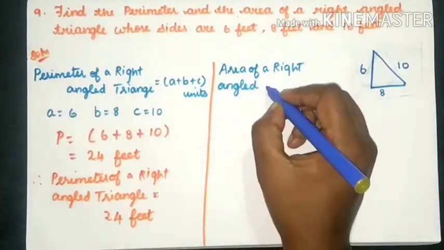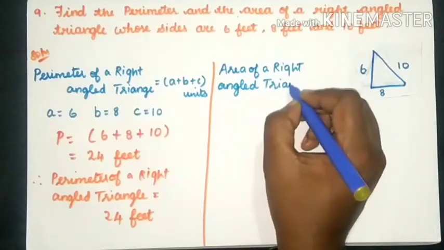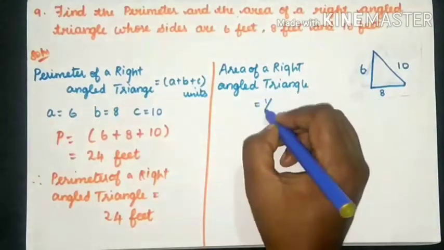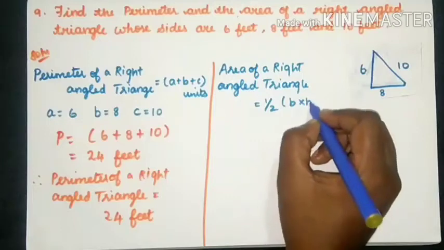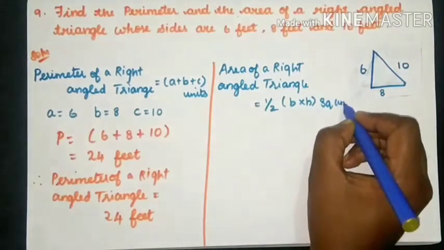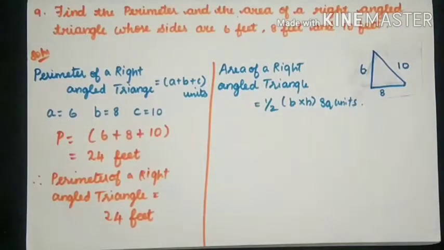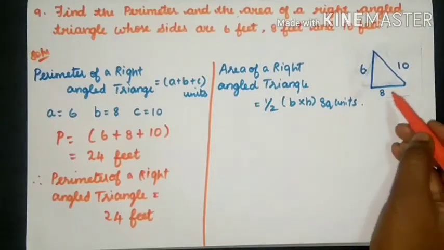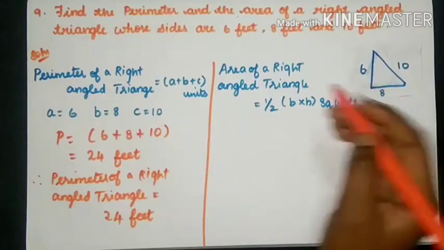And then we are going to find the area of a right-angled triangle. Area of a right-angled triangle is equal to half into B into H square units. Here base value is 8 and H value is 6.